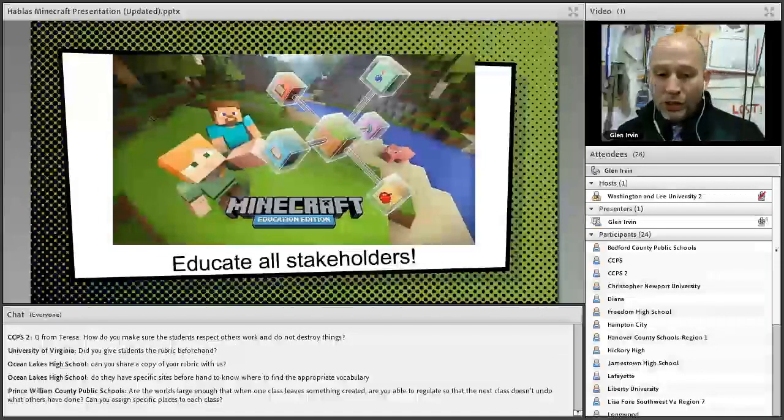Are the worlds large enough that when one class leaves something created, you are able to regulate so the next class doesn't undo what the others have done? Fantastic question. In the educational version of Minecraft, you can make borders. You can border an area that a specific class or group is working on.